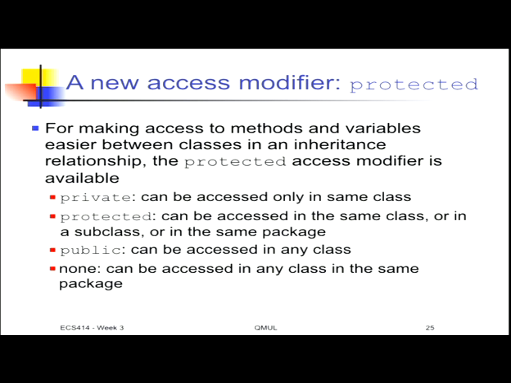Instance variables have to be private. You may want to use it for some methods so that their usage is restricted to that class and its subclasses, but it's not going to solve the problem that we just discussed, that we solved using super.